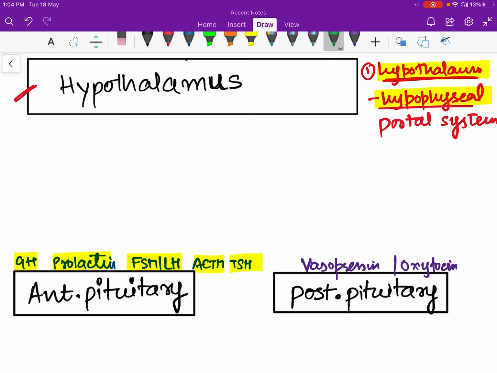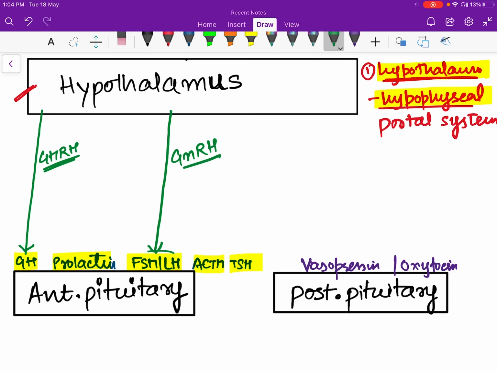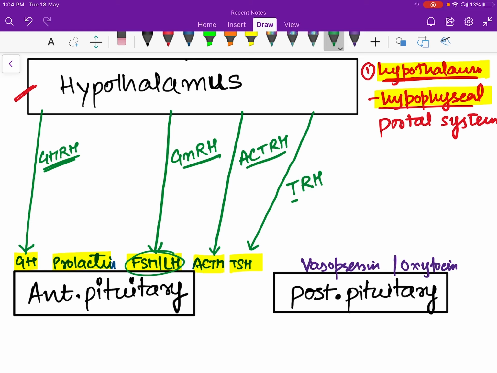Growth hormone secretion is increased by growth hormone releasing hormone, which is produced by hypothalamus. Similarly, follicle stimulating hormone secretion is controlled by gonadotrophin releasing hormone, because both these hormones together are called gonadotrophins. ACTH secretion is controlled by corticotropin releasing hormone, and thyroid stimulating hormone is controlled by thyrotropin releasing hormone.